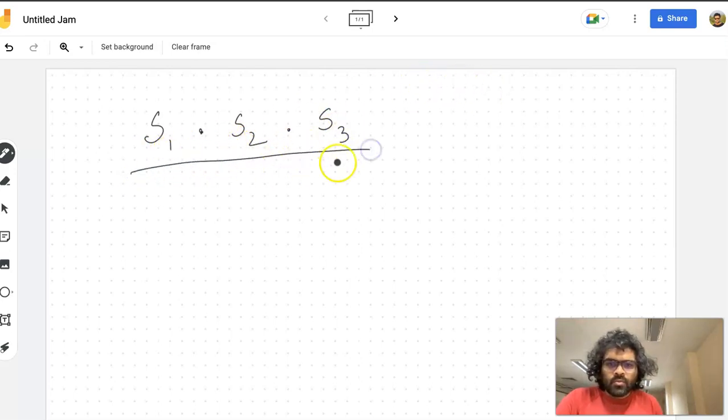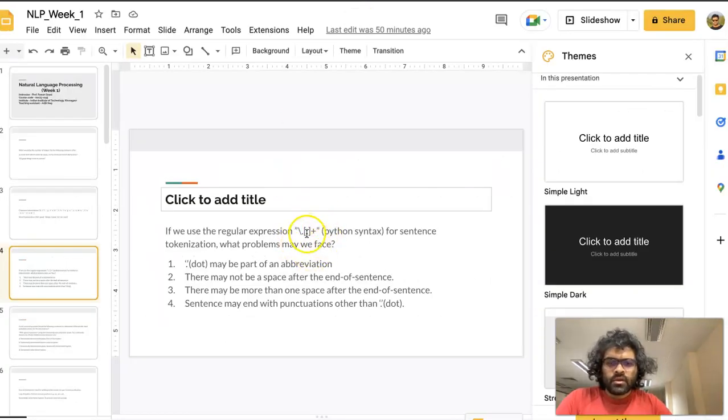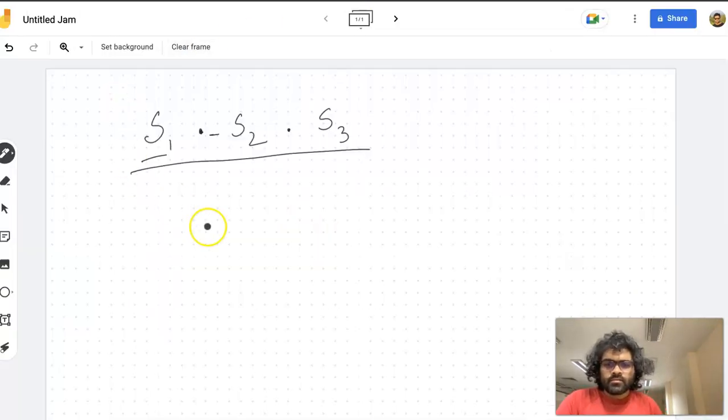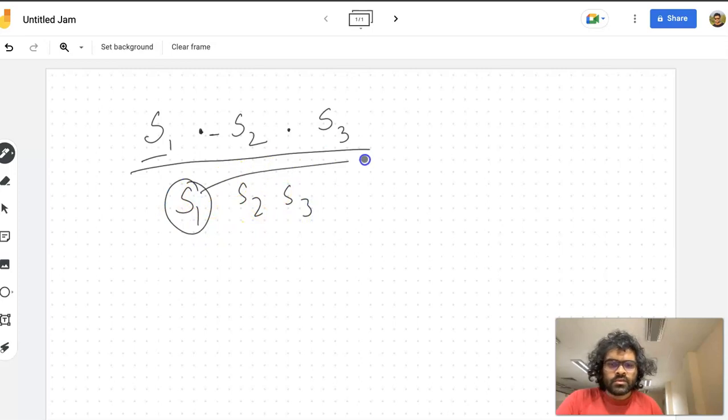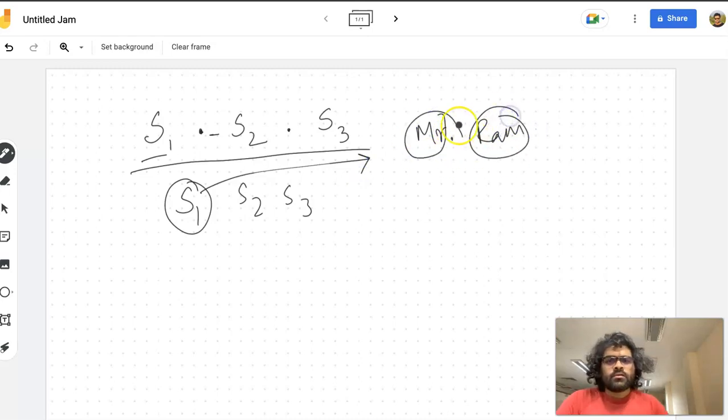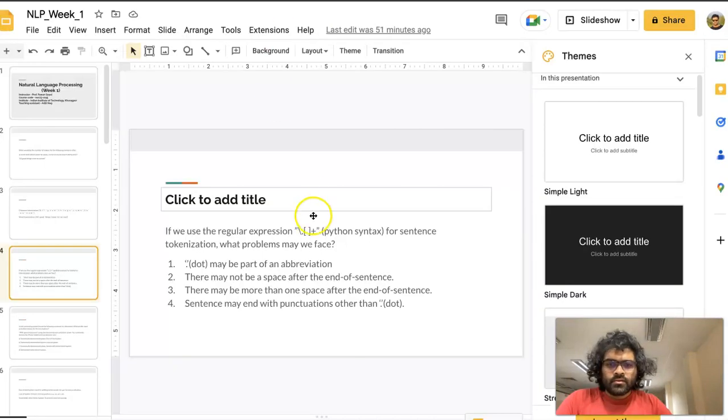Suppose this is our corpus format, where each sentence is terminated with a dot and then a space, and then the next sentence starts. Then this regex expression will work fine. It will segregate S1, then S2, then S3. But suppose in the S1 sentence there is "Mr. Ram"; then it will take this as one sentence and this as another. This is not correct. So the first option is yes: if we go with this tokenization, this first problem will arise.